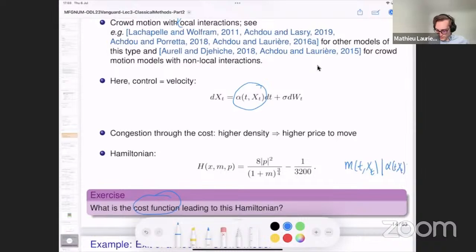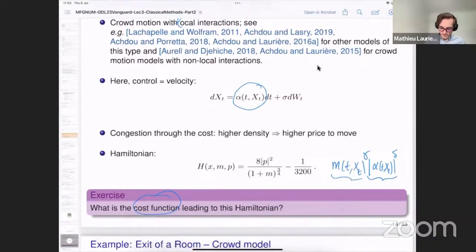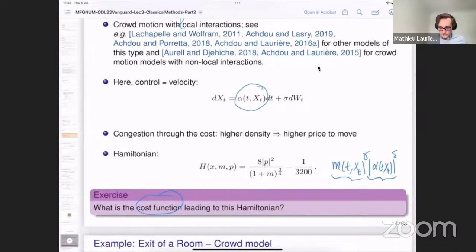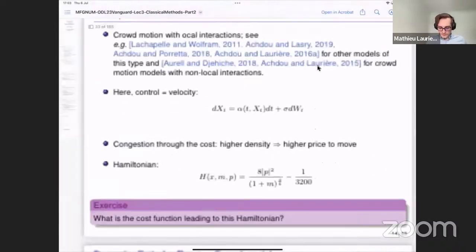So here you can put some power gamma, and here you can put some power delta, for example 1 and 2 respectively. This means that the cost to move increases when alpha increases, but it also depends on the number of people at your location. So if there are many people at your location, you pay a higher price to move than if there is nobody. And the normalization constants are a bit special because we want to have some interpretation for this model.